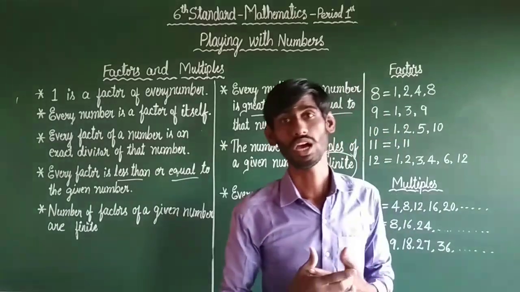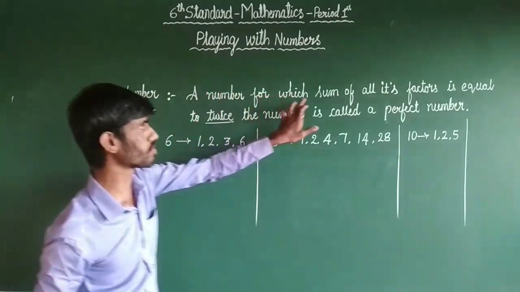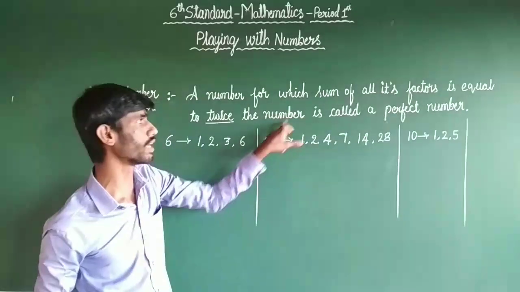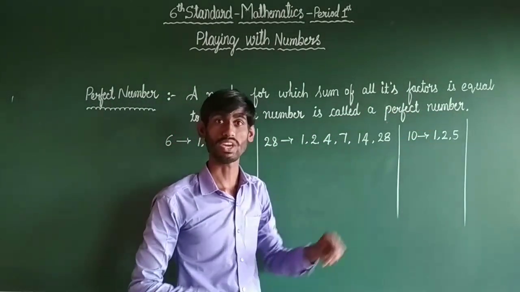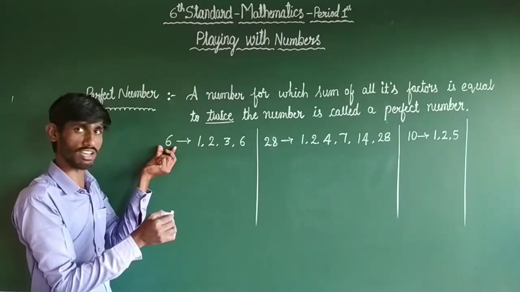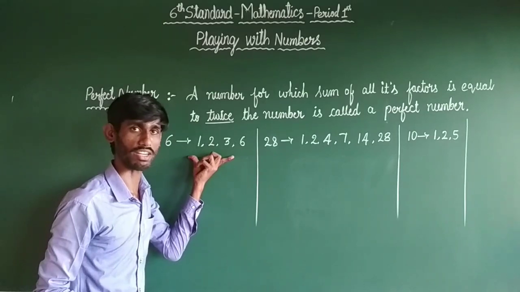Okay, let us move to another topic. Perfect number. Definition: a number for which the sum of all its factors is equal to twice the number is called a perfect number. Twice the given number. Observe here. Factors of 6 are 1, 2, 3, 6. These are all the factors of 6.